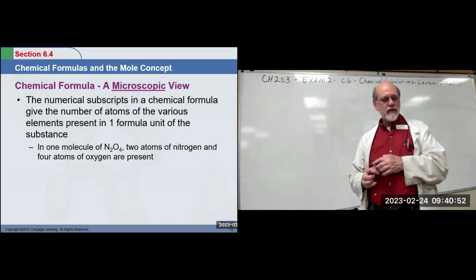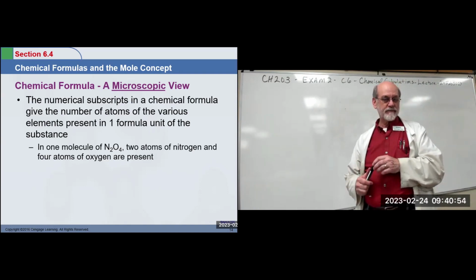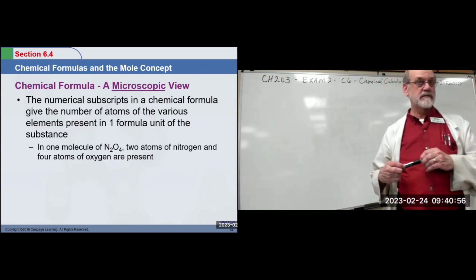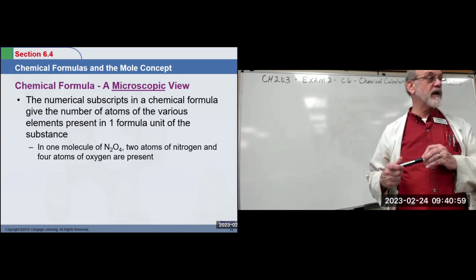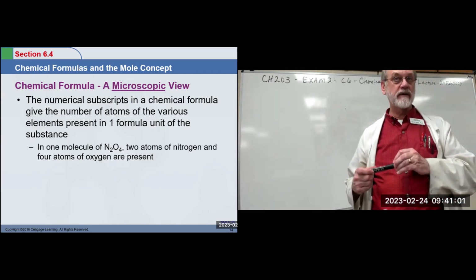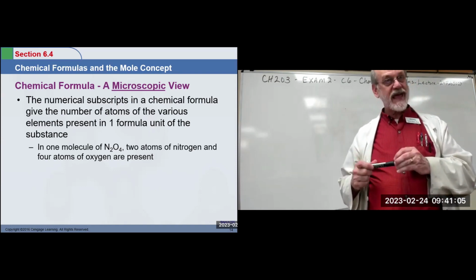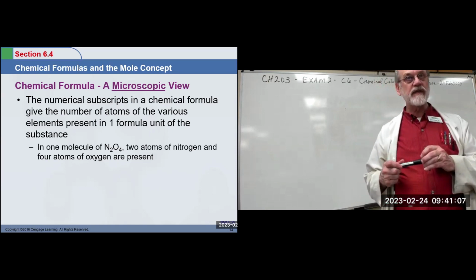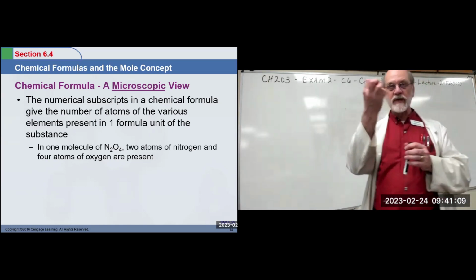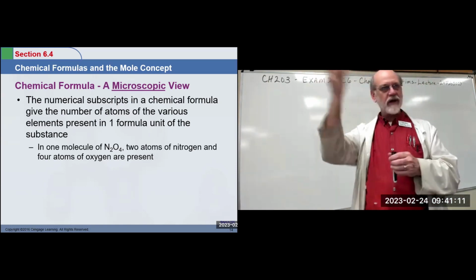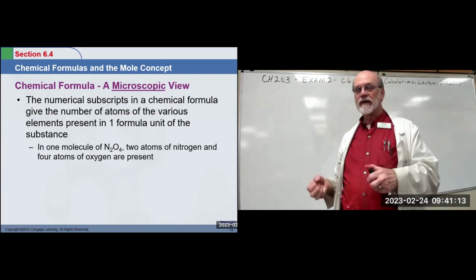So when we write a chemical formula, what are we saying? Well, it depends on whether it's an ionic compound or a covalent compound. If it's a covalent compound, we're saying that's how many atoms of each element are in the molecule, that independently exist.